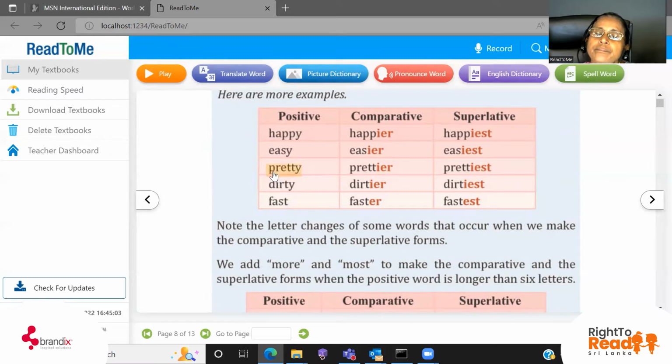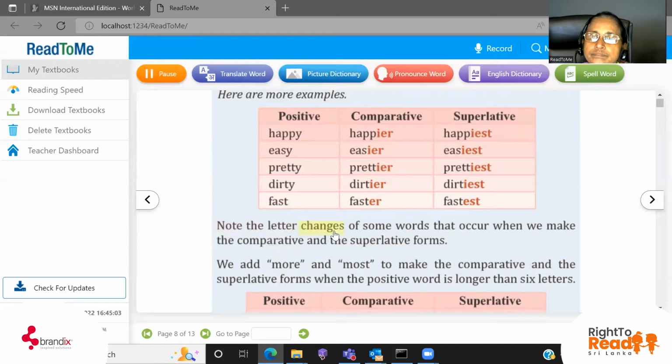Pretty, prettier, prettiest. Dirty, dirtier, dirtiest. Fast, faster, fastest. Here, you can compare faster, fastest.